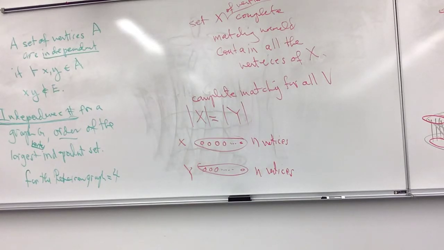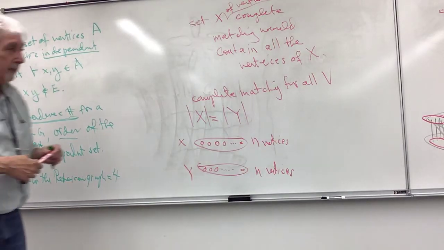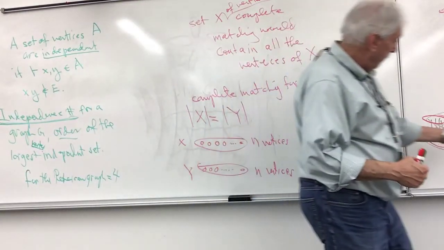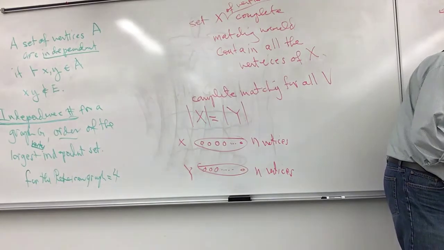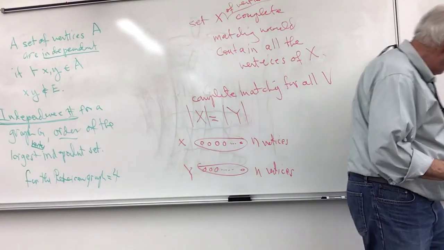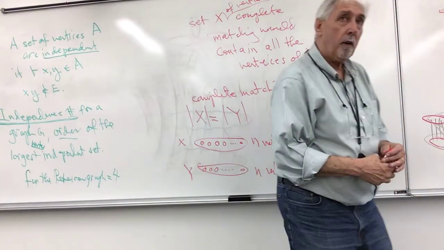No. So this is a necessary condition for there to be a matching, and this is just in a bipartite graph. So a necessary condition is that for any subset S in X, the neighborhood of S has got to be greater than or equal to the order of S.